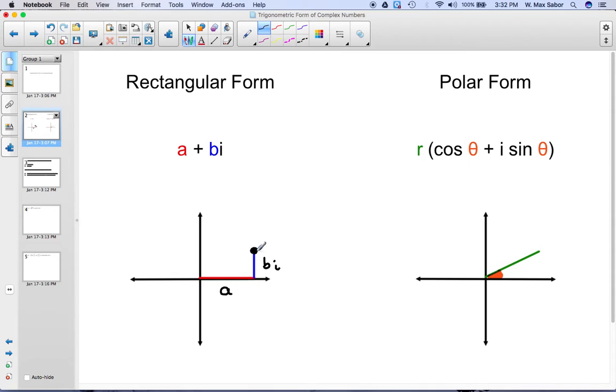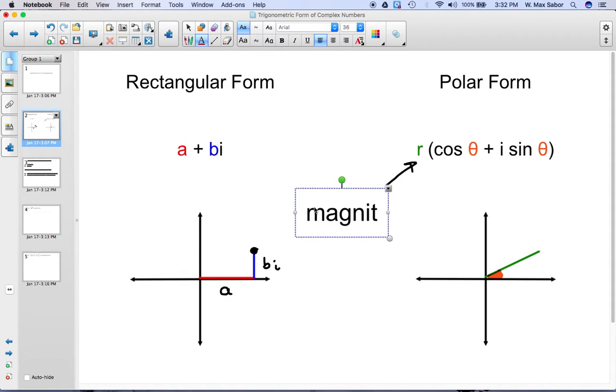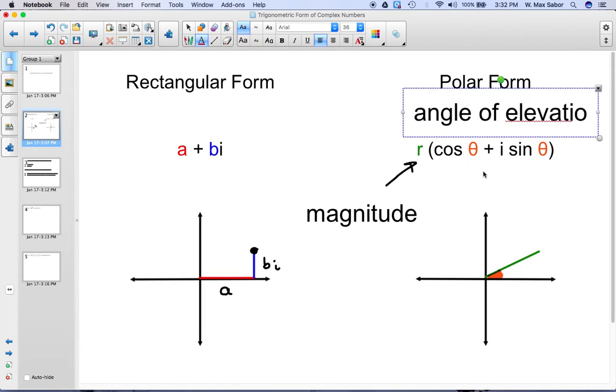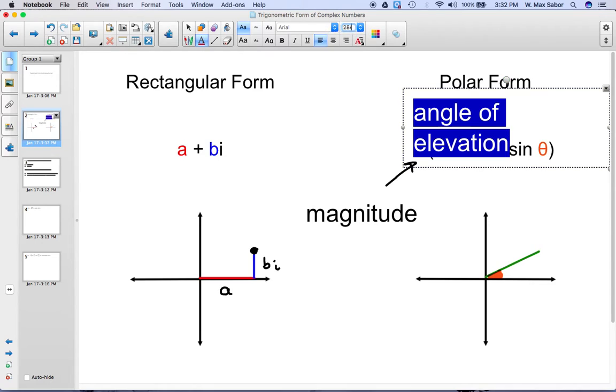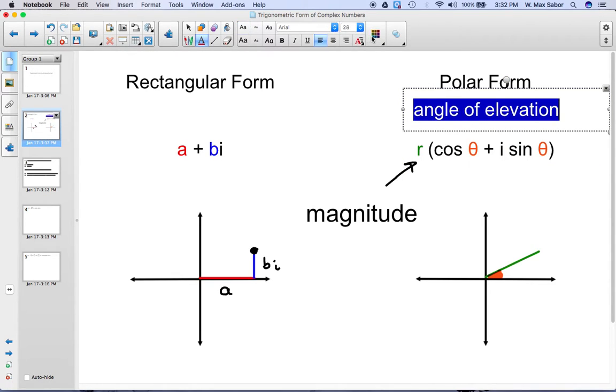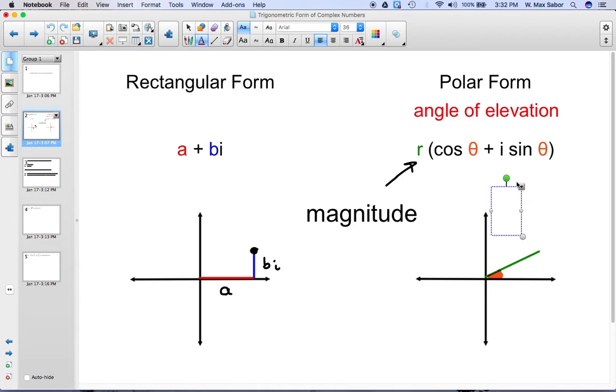the complex number. However, in polar form, instead of looking at it as going in a rectangle, we look at it going as a rotation from the x-axis with a particular magnitude. So r represents the magnitude, and theta represents the angle of elevation.